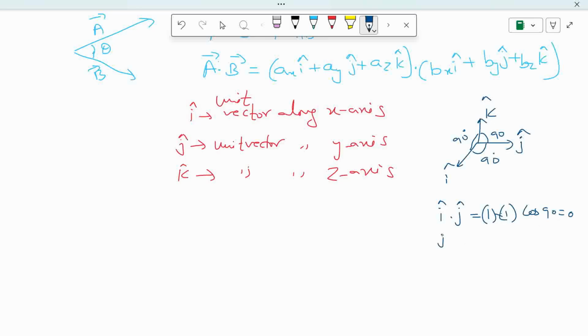Similarly, between j cap and k cap the dot product is also 0. And i cap dot i cap is 1 times 1 times cos 0. Cos 0 is 1, so this is 1. Hence i cap dot j cap is 0.